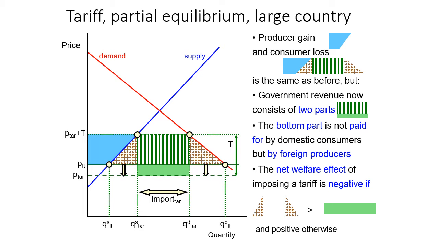Then you get your PTAR, which is the reduced price because of the reduced demand, because of less imports by the country. And because they're a large country, this is the effect they have on prices. And then we have PTAR plus T, which is now adding the tariff to this reduced price because of the reduced demand. This country is large, it has an impact.